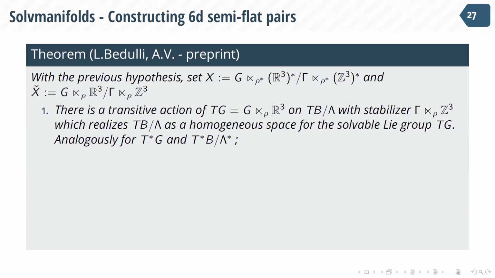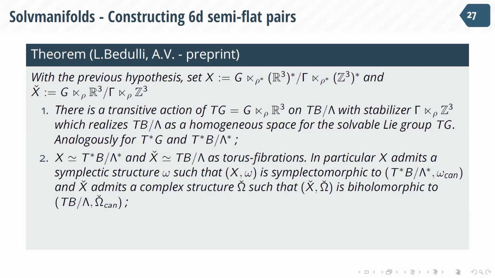By dualizing everything, you get the same for T star G and T star B mod lambda star. So we can identify, as a manifold but also as a torus fibration, X with T star B mod lambda star and X check with TB mod lambda. This is also due to the analysis carried out by Duistermaat, because this identification is possible when the Lagrangian fibration has a section. And indeed, this is the case in our construction.